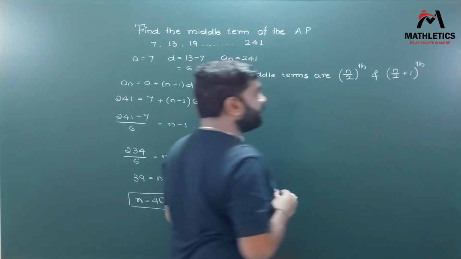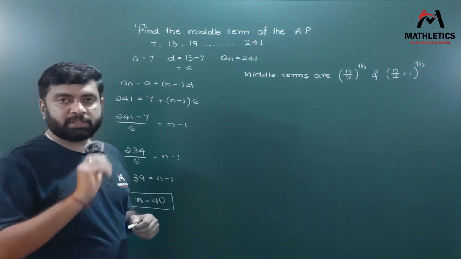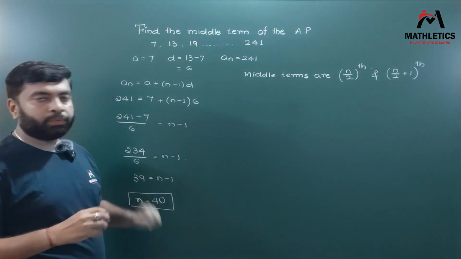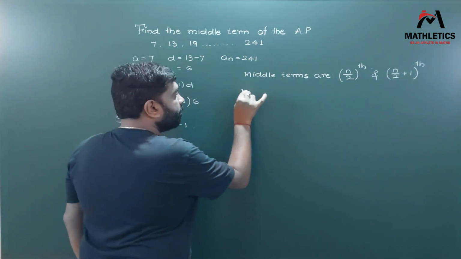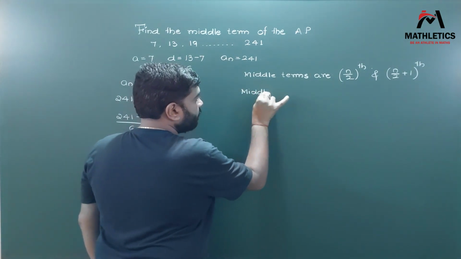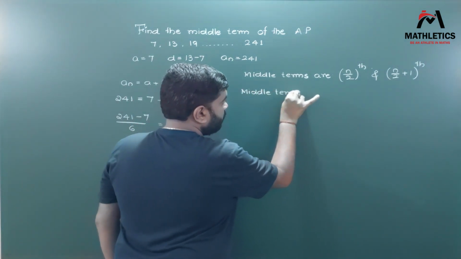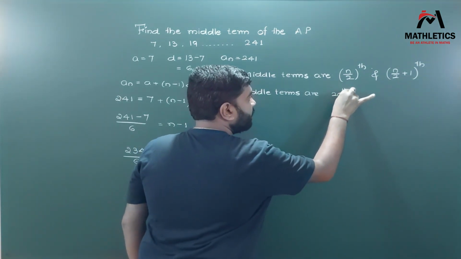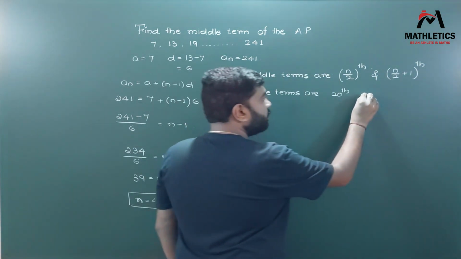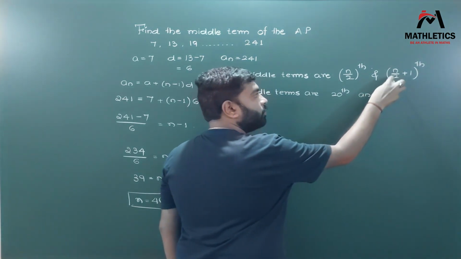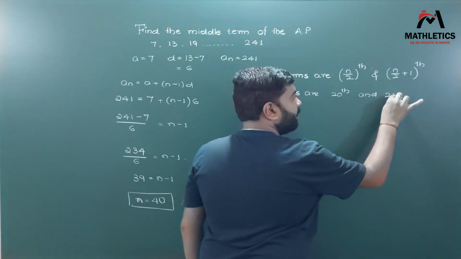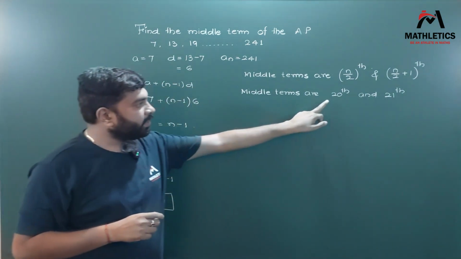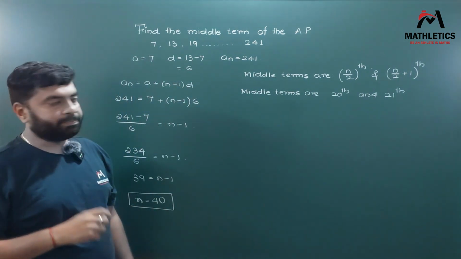So there are two middle terms whenever N becomes even. So N by 2th term means 40 divided by 2, which is the 20th term, and N by 2 plus 1 means 20 plus 1, which is the 21st term. There are two terms: one is the 20th and another one is the 21st.